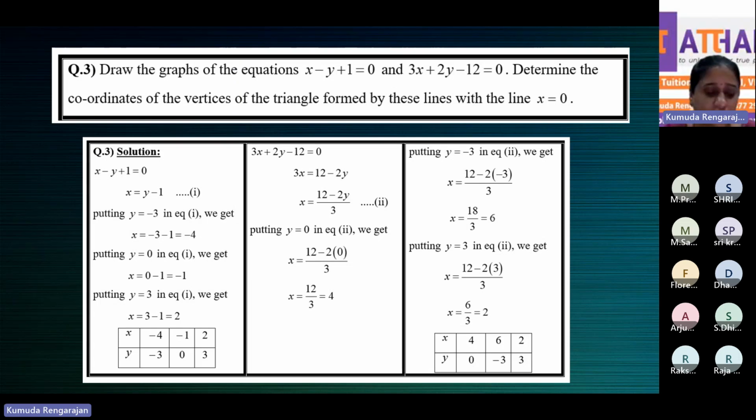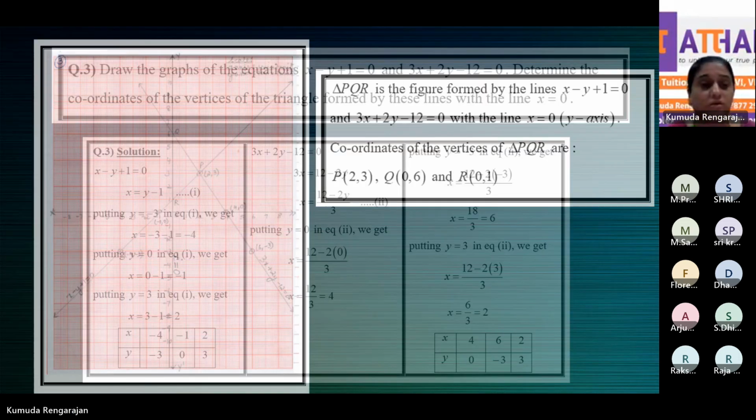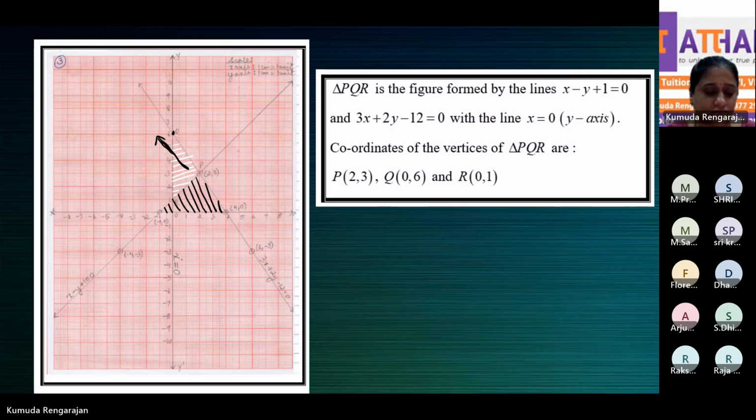Okay, Ranjan says he does not have the graph, and Danya, is my graph correct now? Yes, Danya, it's correct now. You have shaded the correct region. Very good, children. So most of you have shared your images with me.